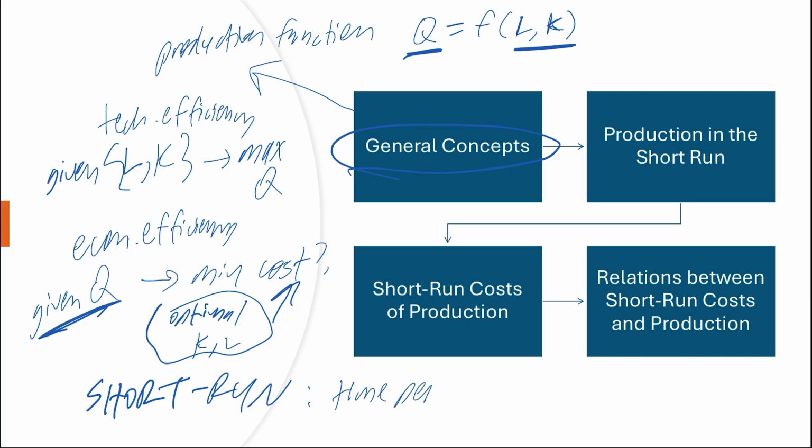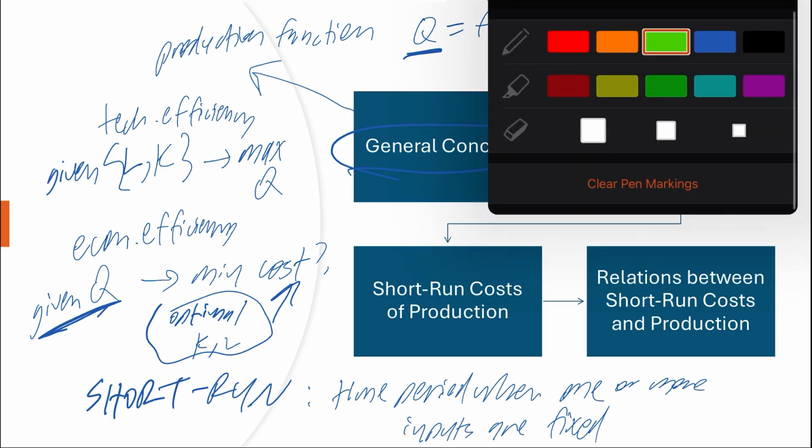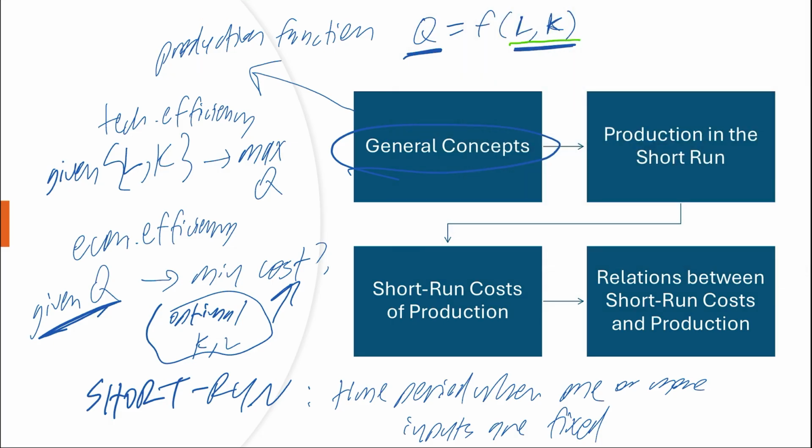So this is our time period when one or more inputs are fixed. There could be various reasons for an input being fixed. So if we think about this production function, we might often look at labor and capital here.